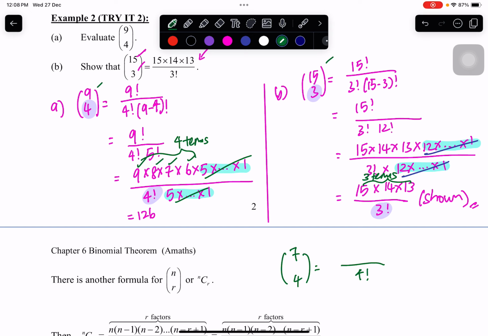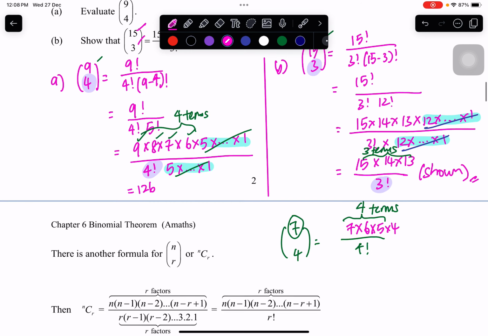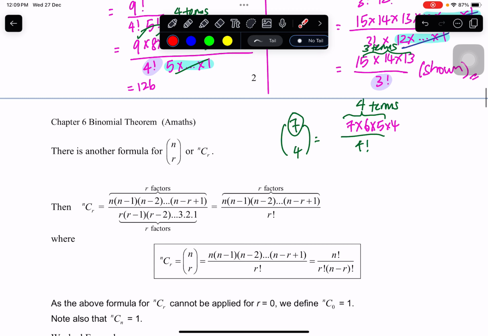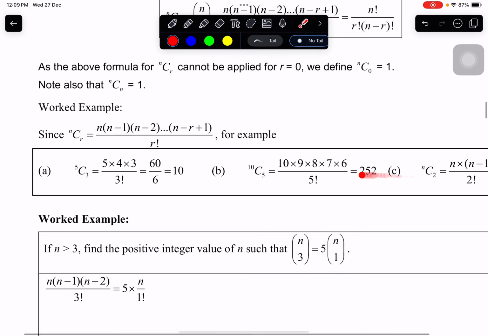Then I would expect 4 terms in the numerator, starting from the number 7. So this will be 7 times 6 times 5 times 4. This is a very useful shortcut for us to simplify n choose r. Without further ado, please read these examples yourself.